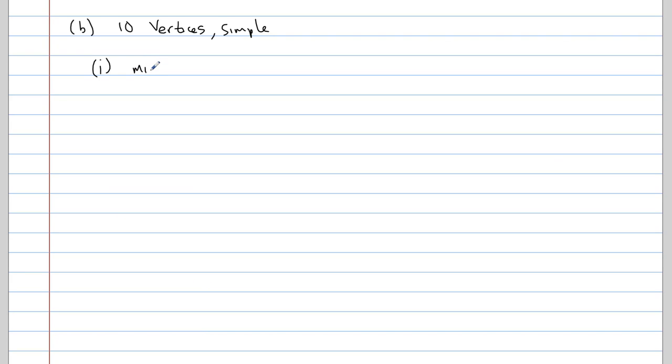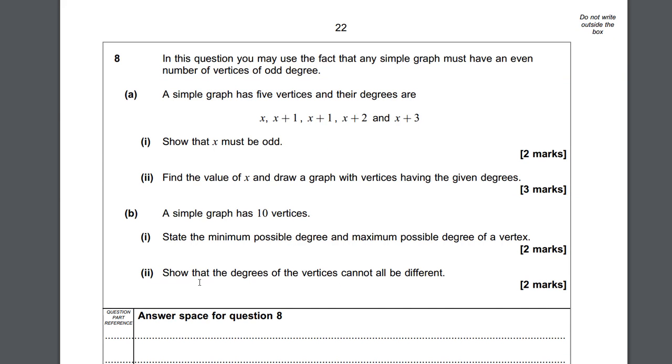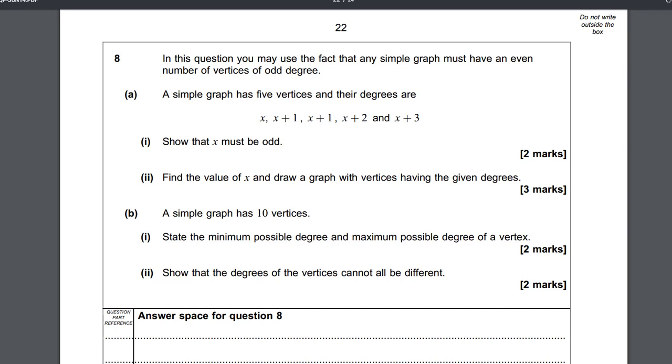So the minimum degree equals 0. And as it's a simple graph and we can't have any repeated edges, if we consider any individual vertex, it can only be connected to 9 other vertices, so the maximum degree is 9. And in part 2 it says show the degree of the vertices cannot all be different.